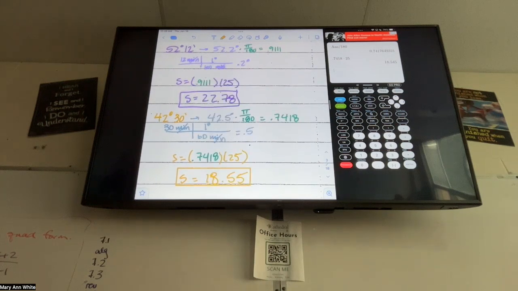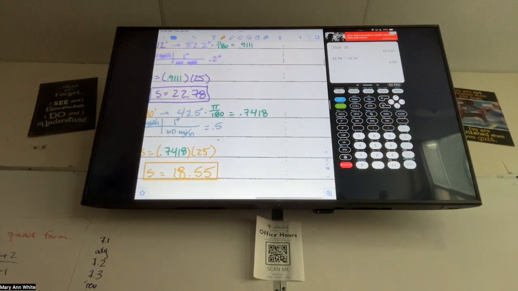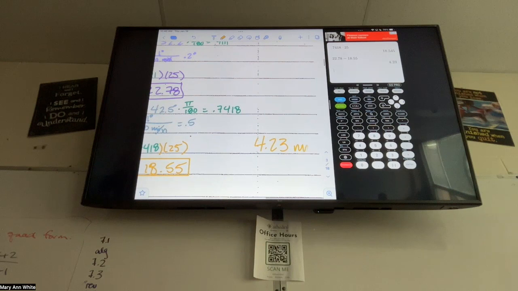So girls check your work, I got 22.78. Boys check your work, I got 18.55. The last thing we do is just minus them from each other. So the final answer is 4.23 miles.